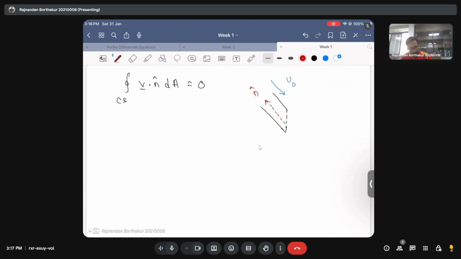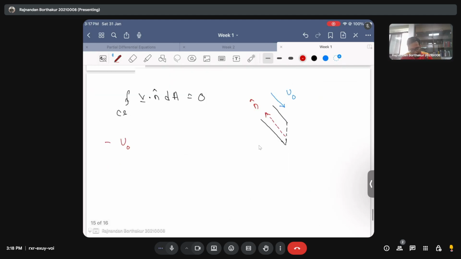So at control surface 1, this integral would just boil down to minus, because v dot n hat will have a negative sign, an idea we discussed in the previous class. So this is going to be u naught times this height. The thickness of the pipe is given to be equal to h, times the width, which is in a direction perpendicular to the plane that I'm writing.